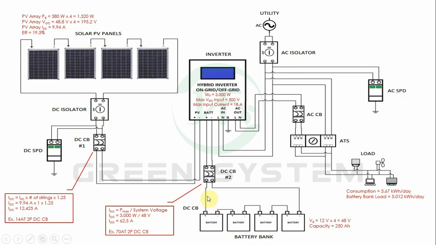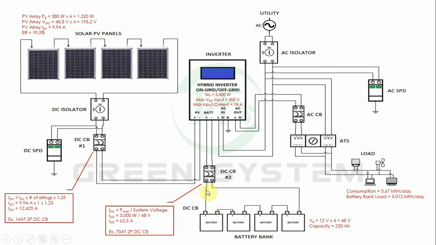So to compute the rating of our DC circuit breaker number 2, we need to divide the maximum power of our inverter, that's 3000 watts, by the system voltage of our battery, which is 48 volts.